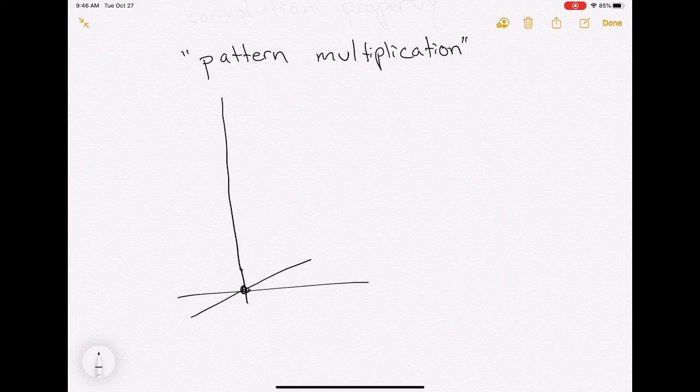Like, let's say we have 1, 2, 3, ... N antennas.